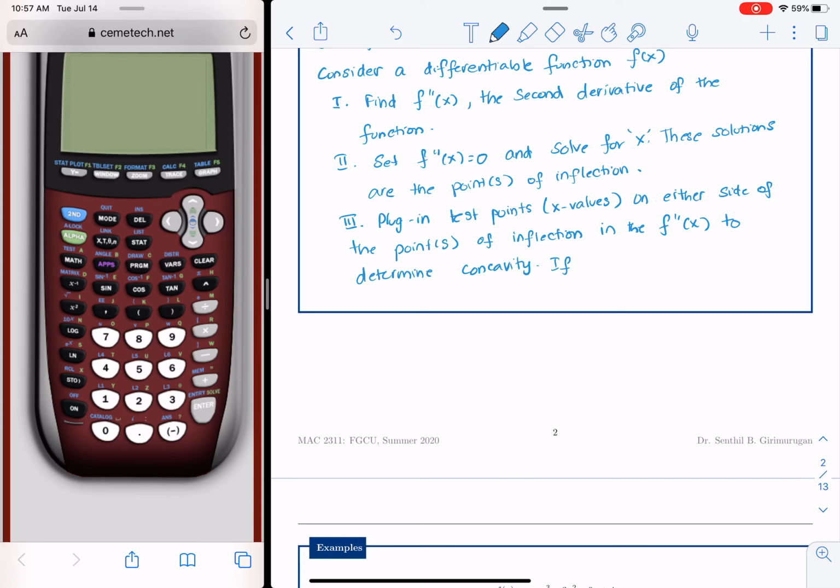If the second derivative is positive for a point, then it is concave up.